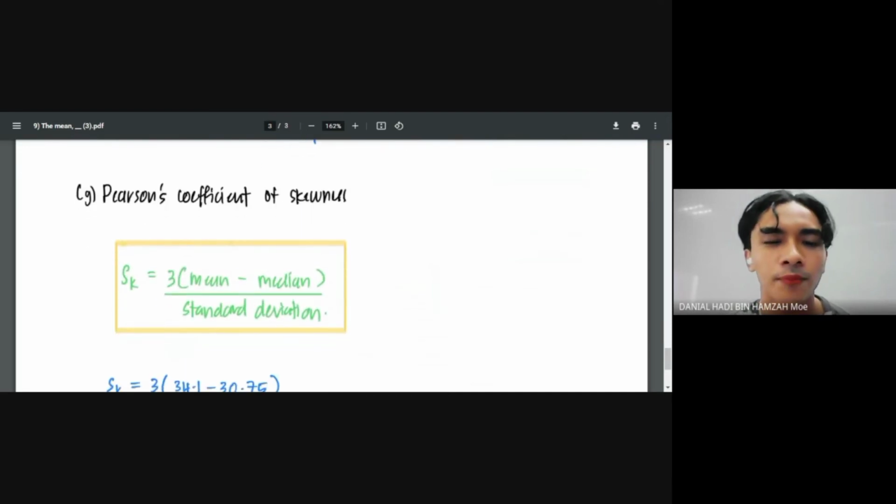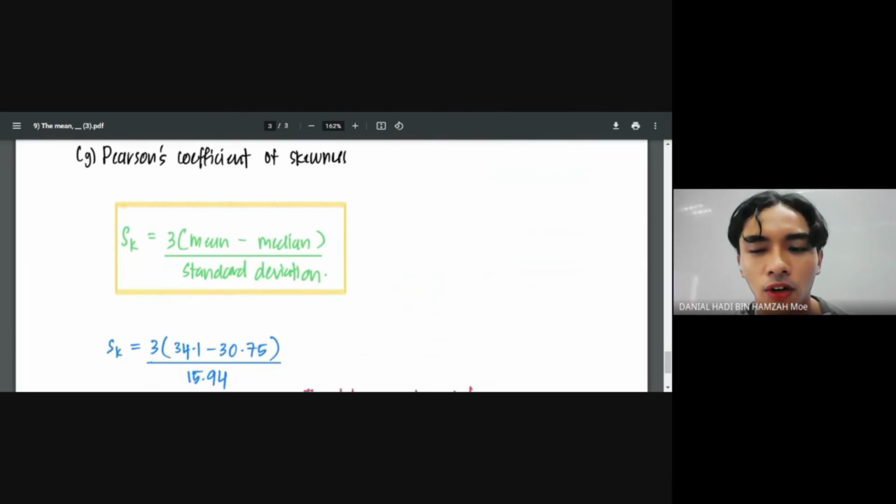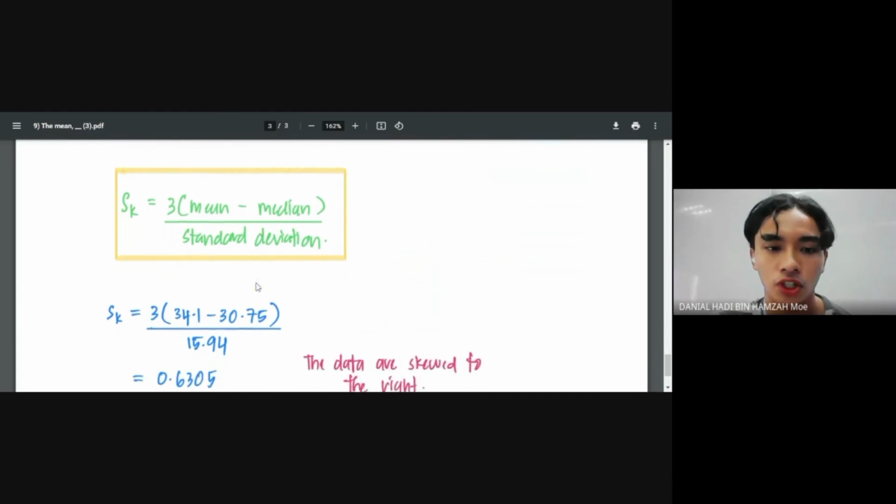Next, to find Pearson's coefficient of skewness. Pearson's coefficient is equal to 3 multiplied by the mean minus the median, over the standard deviation.